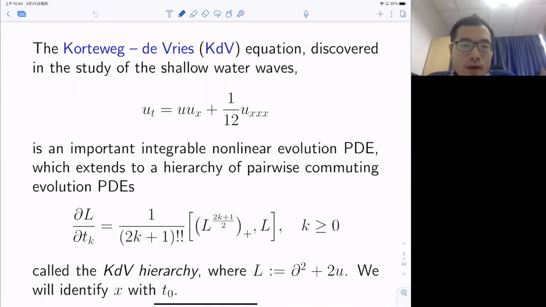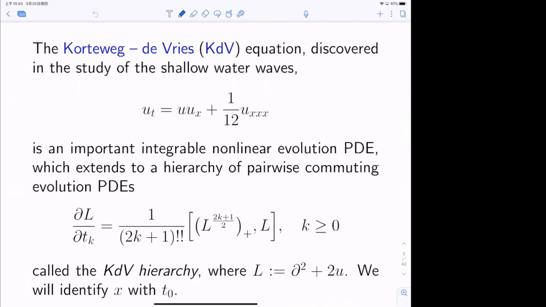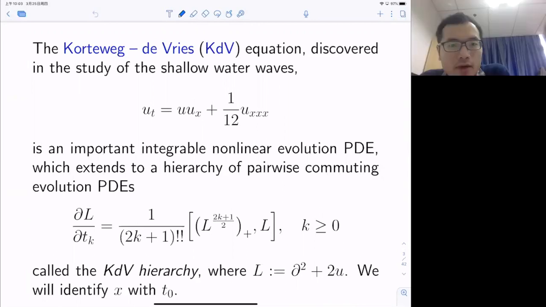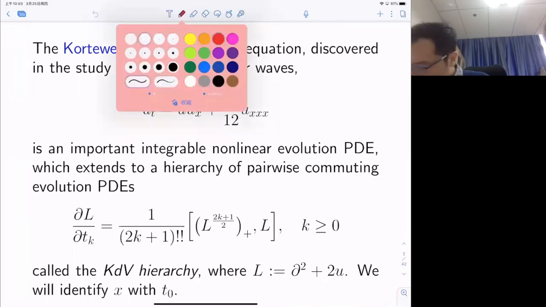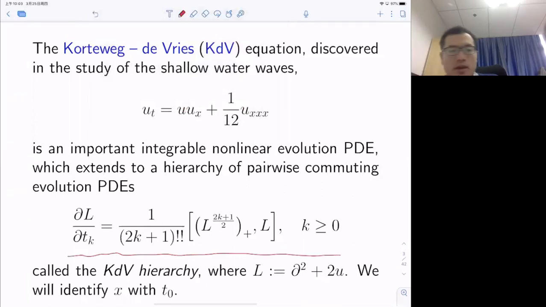In particular, we can give a large family of commuting symmetries of this equation, which is the KdV hierarchy. Of course, you can take any linear combination of these symmetries. So these are the infinitesimal symmetries for the KdV equation.